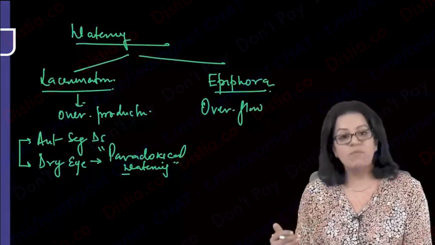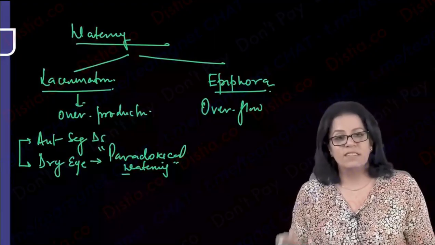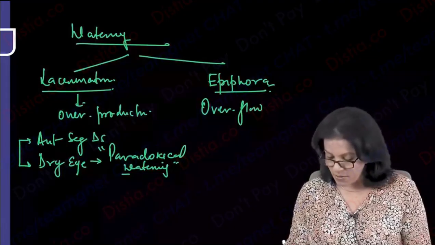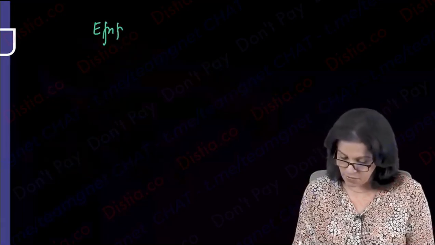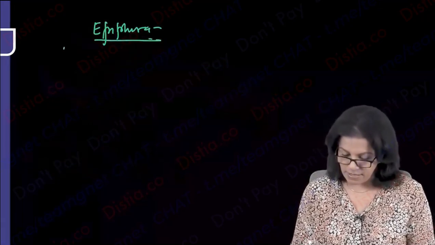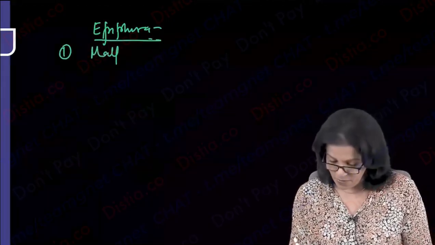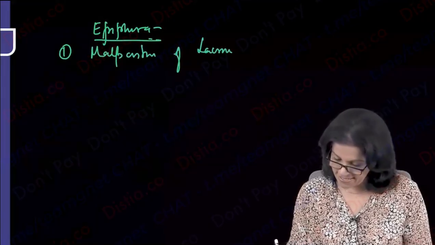Now, coming to epiphora. So, think yourself, when will the overflow happen? Suppose the puncta is not aligned properly. So, one important cause could be, I am writing here, malposition of lacrimal puncta. That can cause overflow, common sense. This is number one.